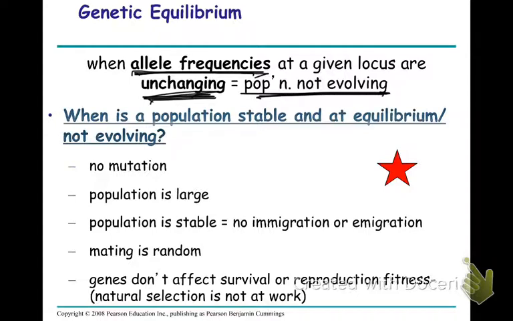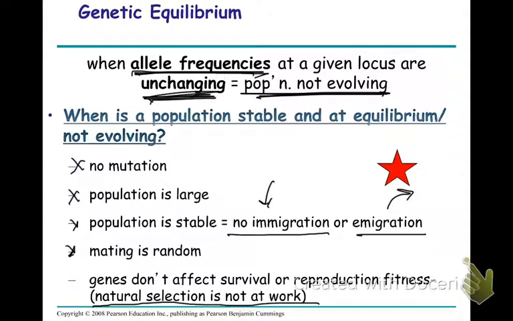When will this happen? If there is no mutation, if there is a large population, if the population is very stable, there is no immigration or emigration, meaning there is no one coming in or going out, and mating is random. Also, there is no natural selection happening.